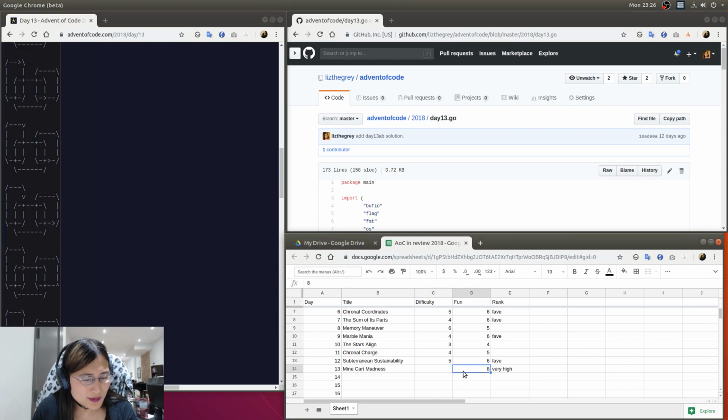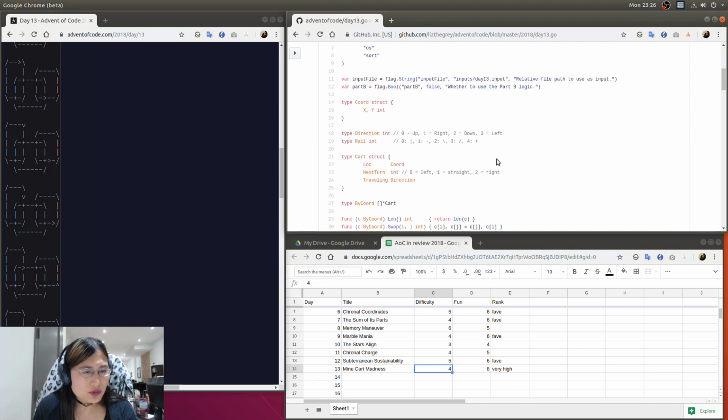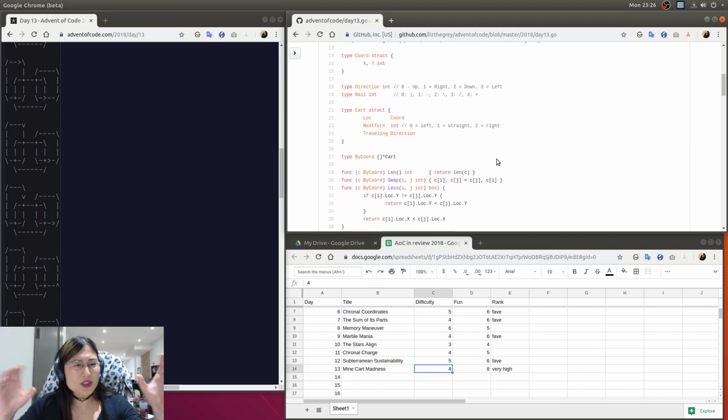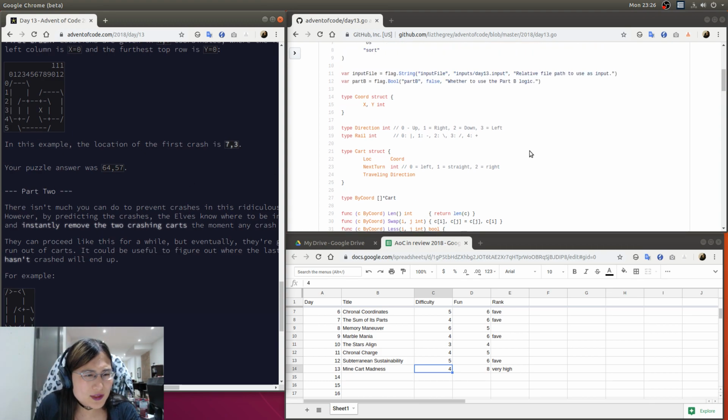So this one was relatively straightforward as far as it gave you a set of instructions, and it was a test of can you actually translate the written instructions of, okay, these are the things that the carts do, and so on and so forth. But the trick was actually implementing it concretely.